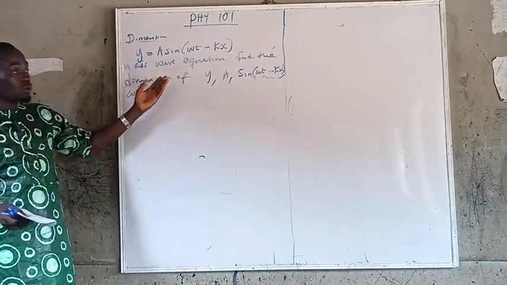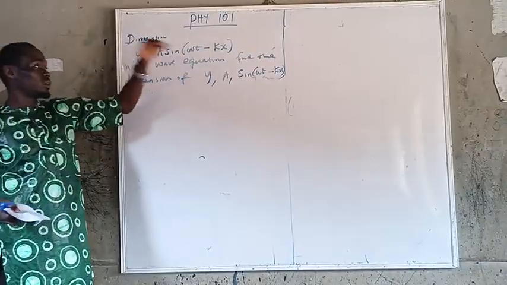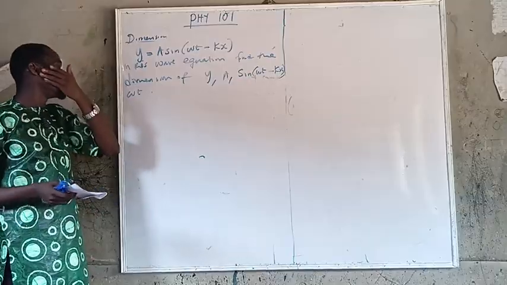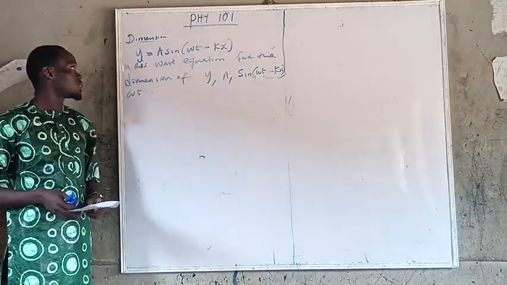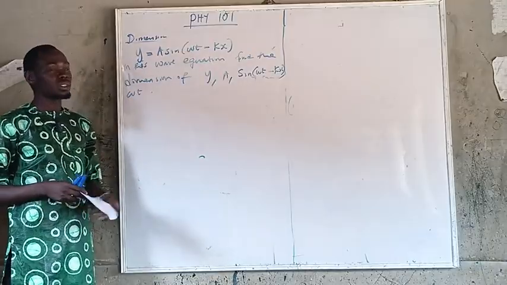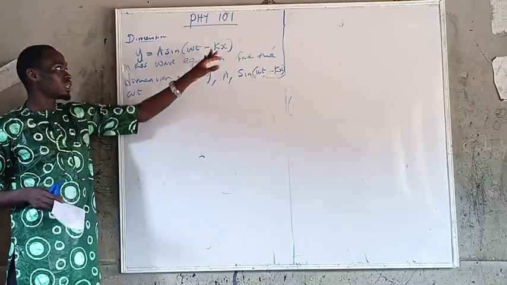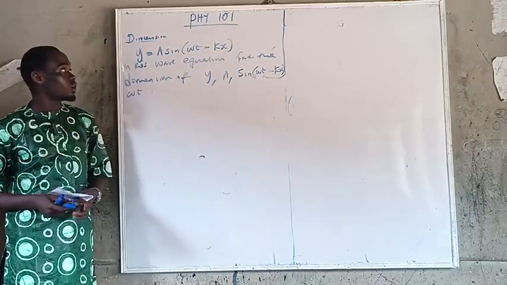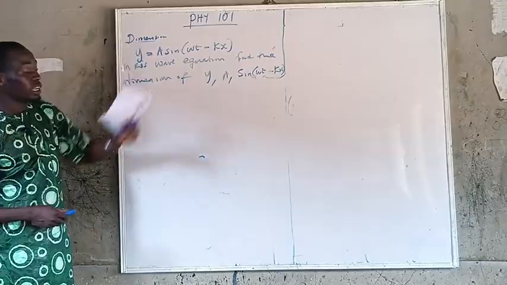All right, so let's look at this. This is the equation of a wave, y is equal to a sine omega t minus kx, where we already know that y is displacement, a is amplitude, omega is angular velocity, k is the wave constant, which is 1 over lambda, and x.